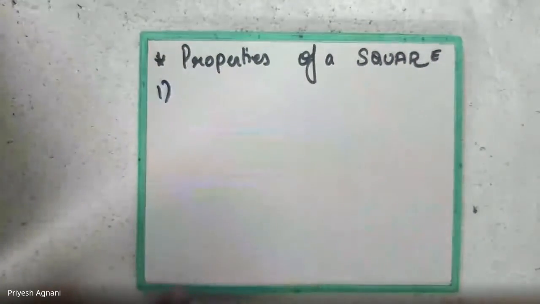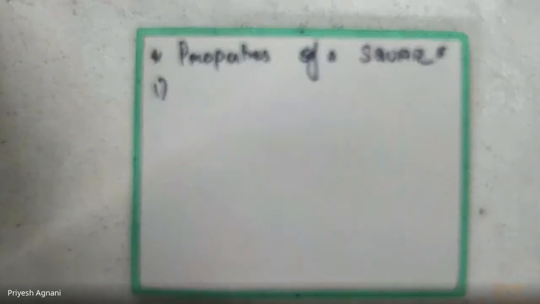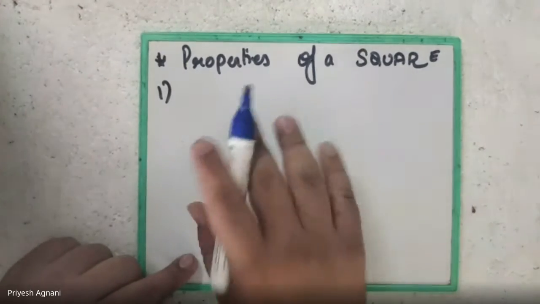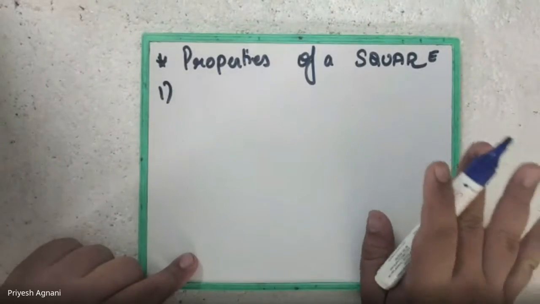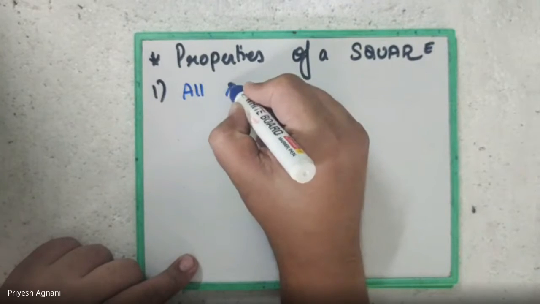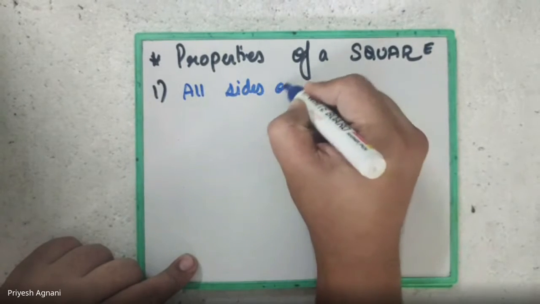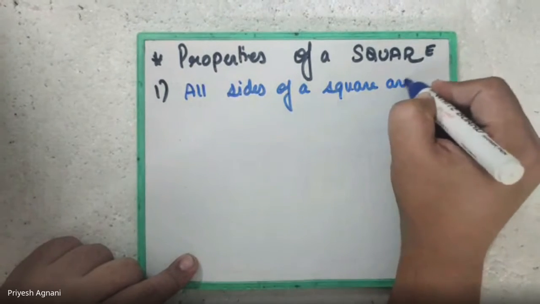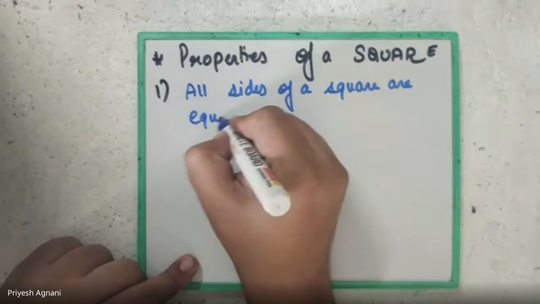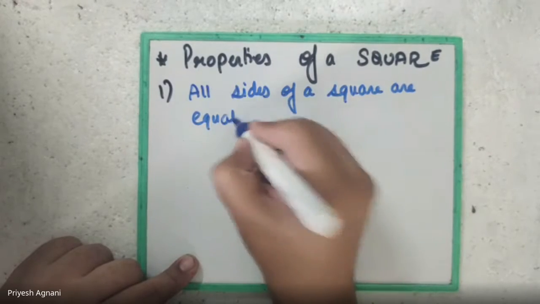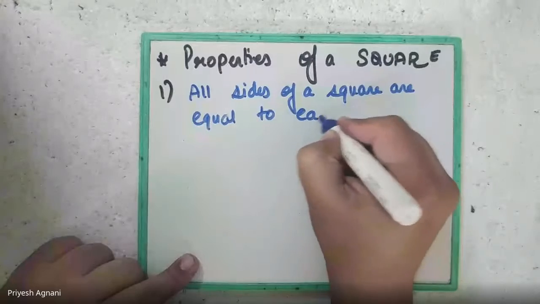Number one says all the sides are of the same length, which means all sides are equal. We write in a proper format: all sides of a square are equal to each other.